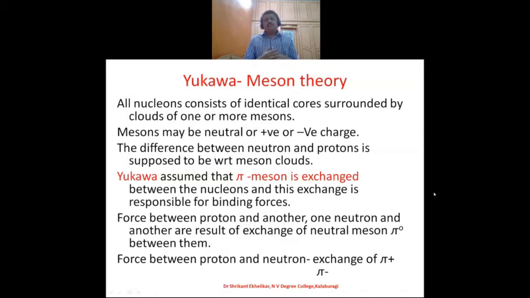So these are the properties, and this was explained by Yukawa through the discovery of a new particle, the meson. Yukawa's explanation of the nuclear force is also known as the meson theory of nuclear force, or Yukawa's theory.